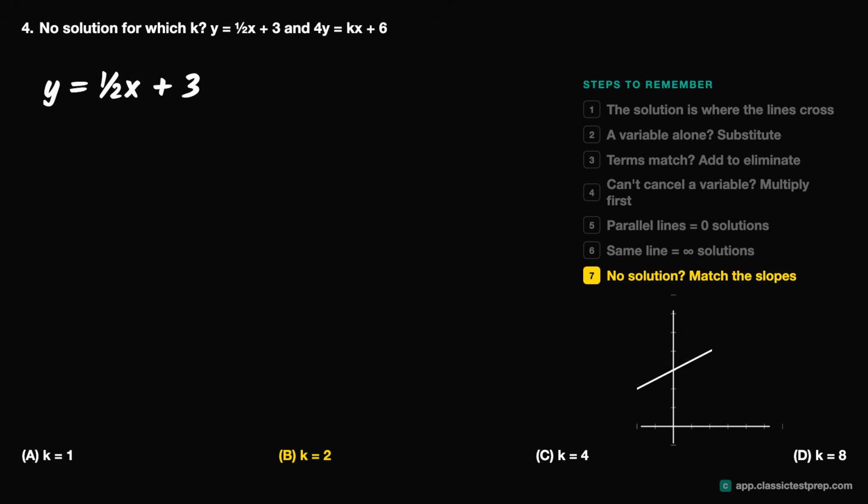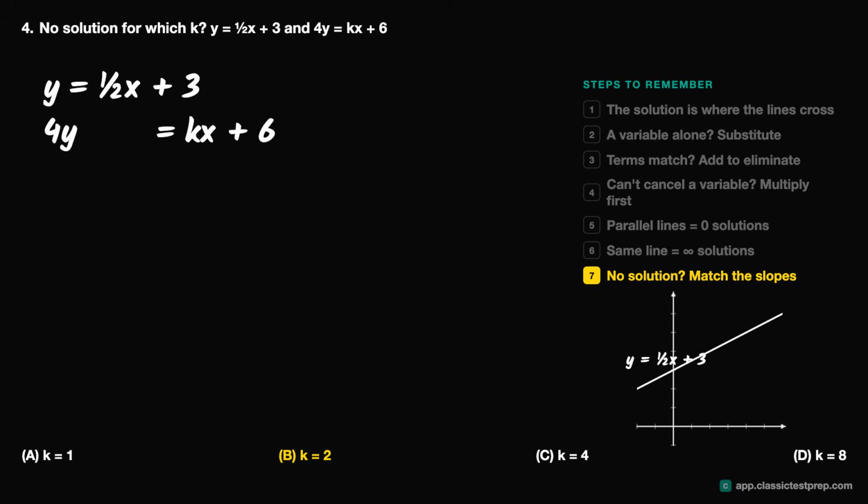Let's take a look at a classic CLT type question. For what value of k does the following system of equations have no solutions? Remember, no solutions just means the lines do not touch. Lines that do not touch are parallel.